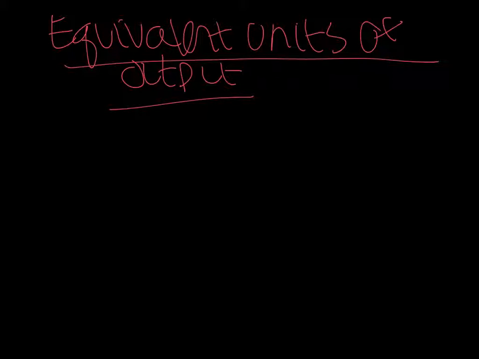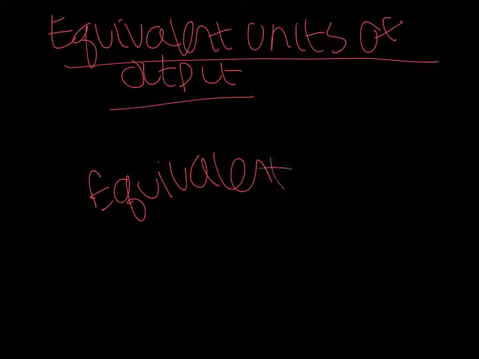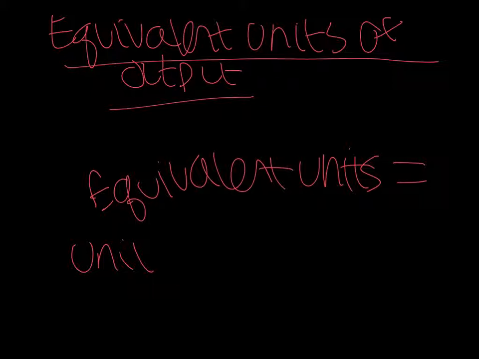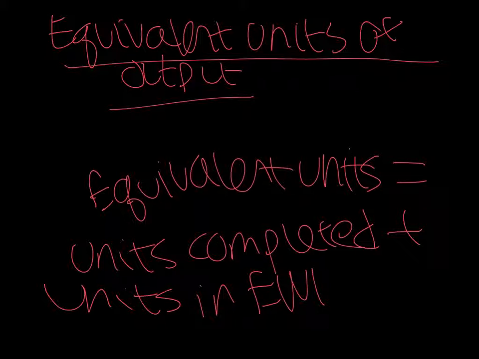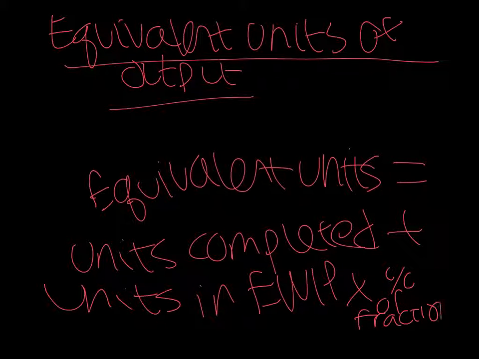Thus, one must determine the equivalent units of output when knowing a basic formula. Equivalent units is equal to units completed plus units in ending work in process times percent or fraction complete.